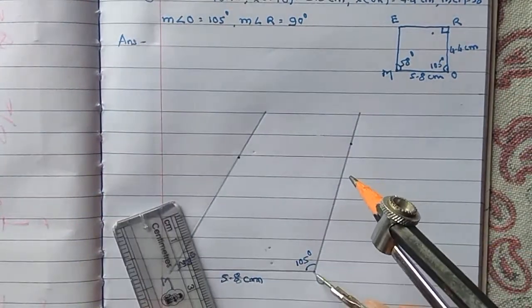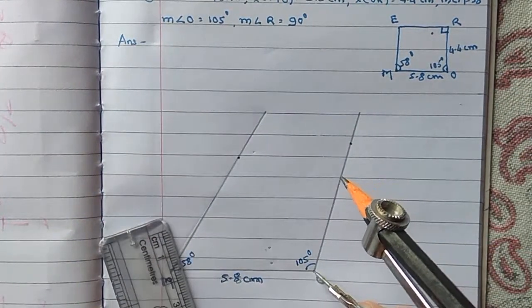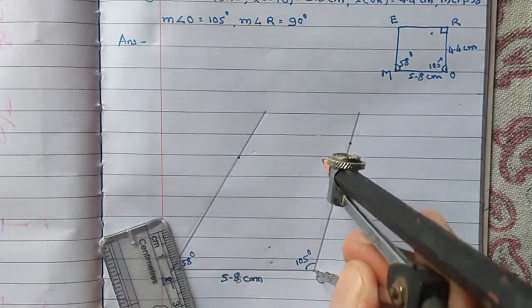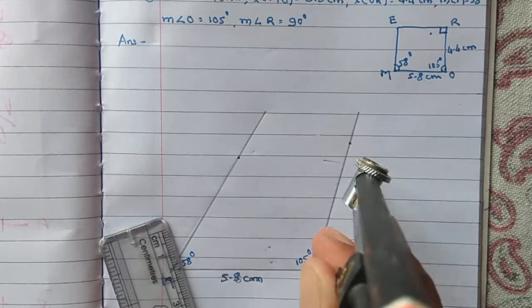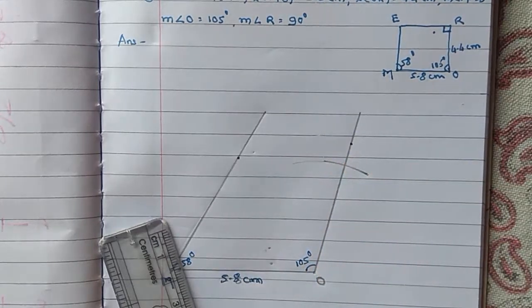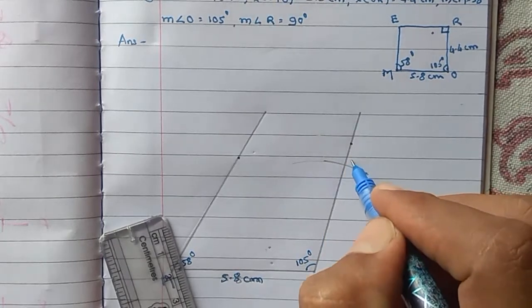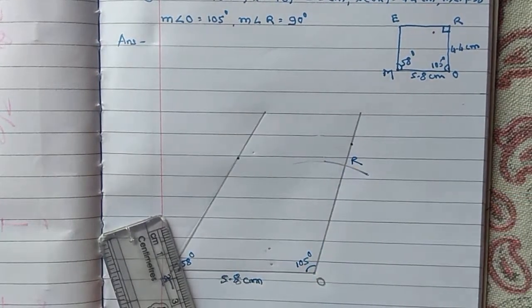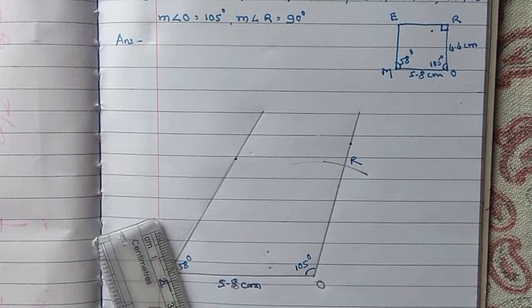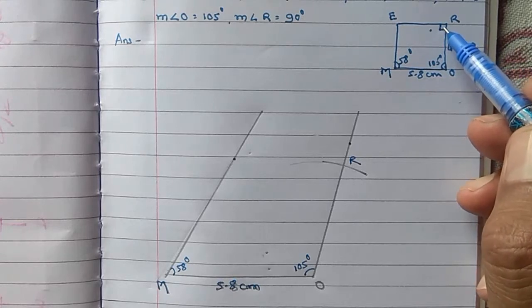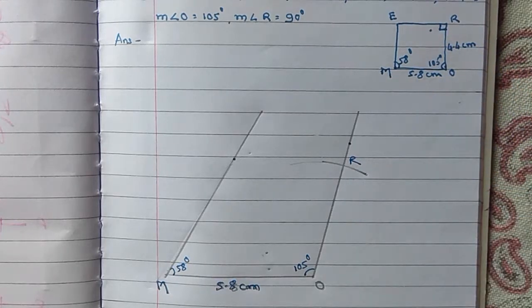Then make an arc by adjusting the steel point on the point O. Then make an arc on the side. What does this arc denote? It denotes the point R. Point R.